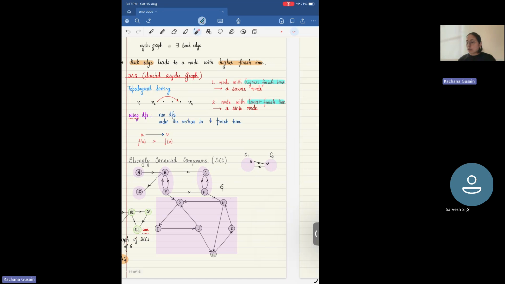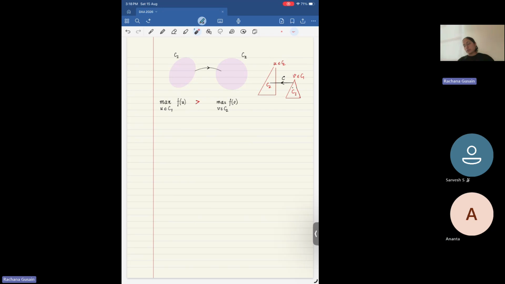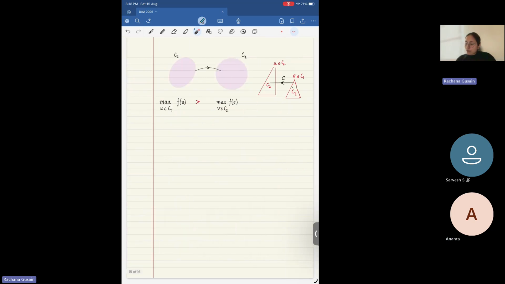The next important property that we had discussed is going to help us in solving this problem. The problem is you are given a graph and you want to find all the strongly connected components in the graph. Let me explain this once again because this is going to really help. Let's say I just have two components in my graph, C1 and C2.